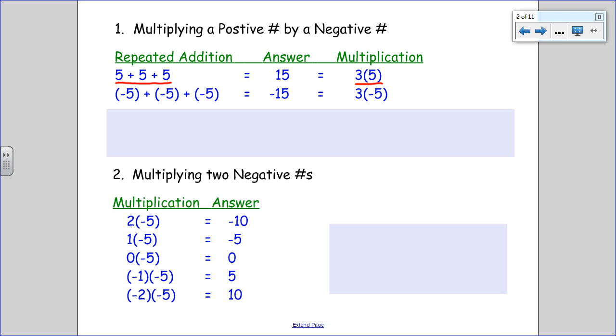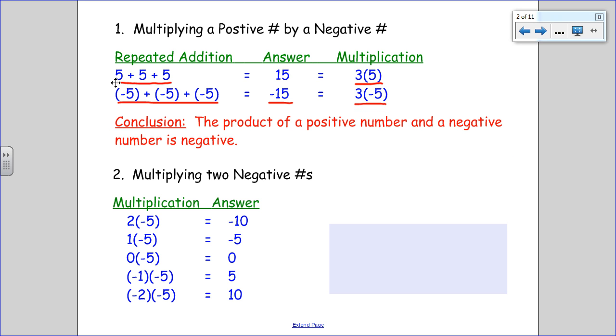Now let's look at repeatedly adding a negative number like negative 5. The sum of negative 5 plus negative 5 plus negative 5, we know from our rules for addition of negative numbers, is negative 15. Therefore, the multiplication problem 3 times negative 5, which is the shortcut for the sum negative 5 plus negative 5 plus negative 5, also has an answer of negative 15.